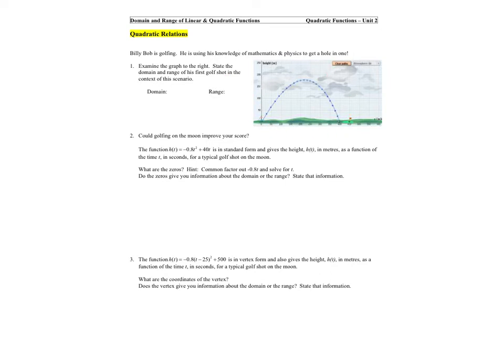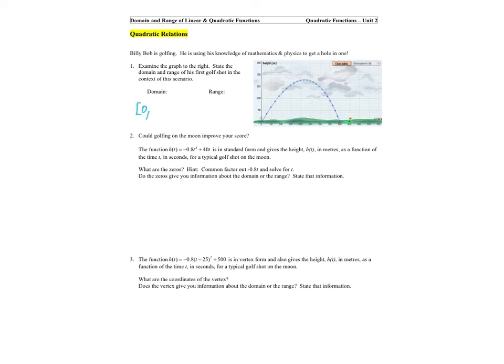So the domain, as always, how far to the left does the graph go? So you can see the graph goes to 0. There's no arrows. This is exactly where the graph starts. So the graph starts at 0. So that's going to be your minimum value of x.